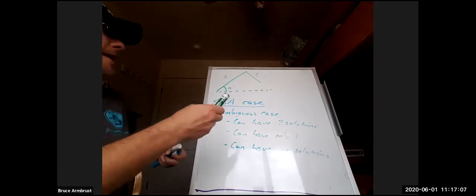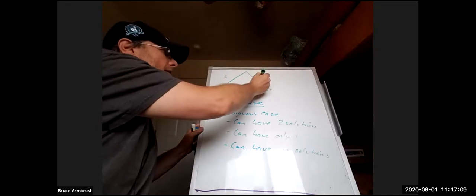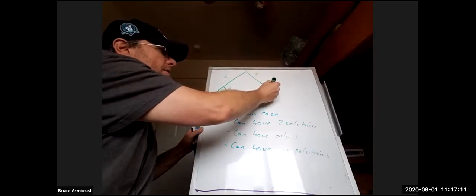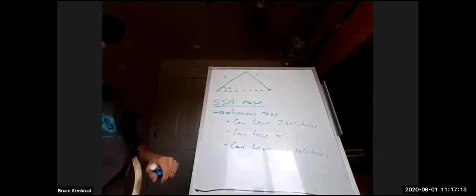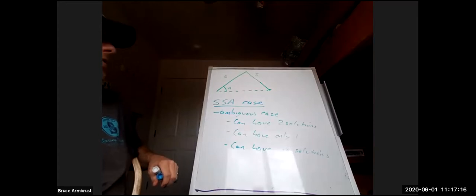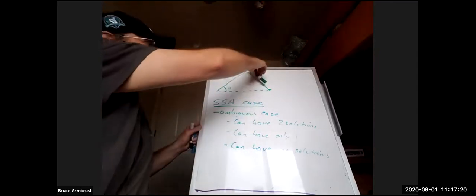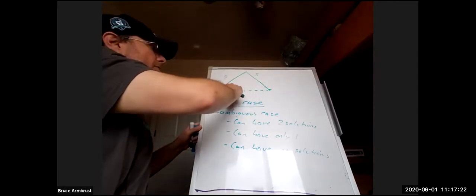Now, if we make it longer, let's lengthen it so that it reaches this point. So there would be a triangle. But I could take that same length and rotate it over here.